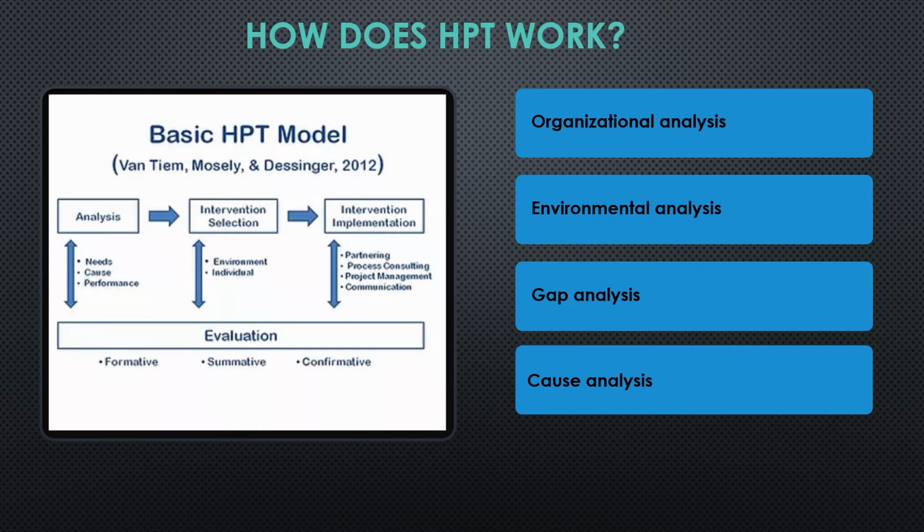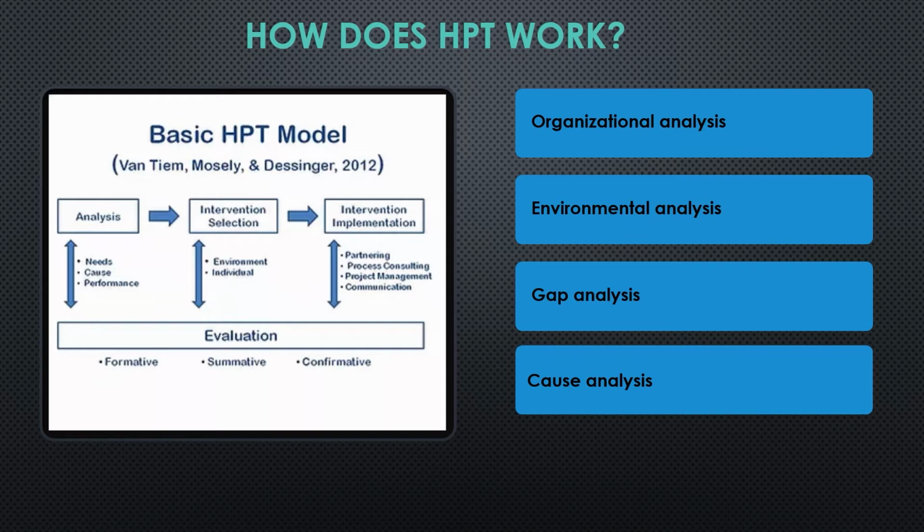Kang discusses how the International Society of Performance Improvement, ISPI, HPT model is one of the most frequently used models in the field. It is based on the analysis, design, development, implementation, and evaluation, or ADDIE model, which is a process used in the instructional design field.